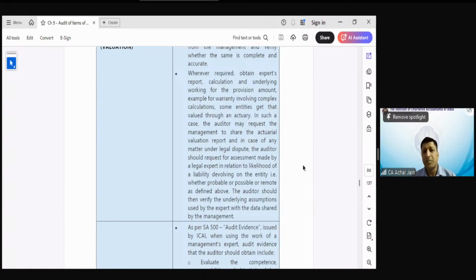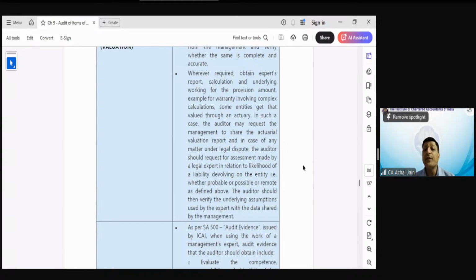Sometimes these calculations, particularly the provision for warranty, could be quite complex in nature. Sometimes management may have involved third party experts, some valuers may have been engaged, because the calculation or the basis of calculation, both of them could be complex.